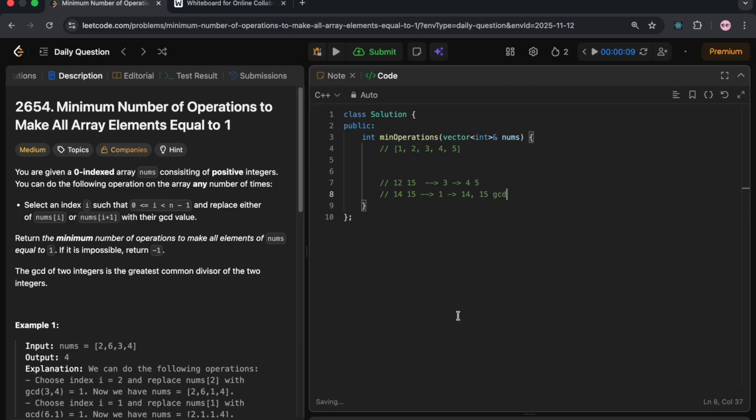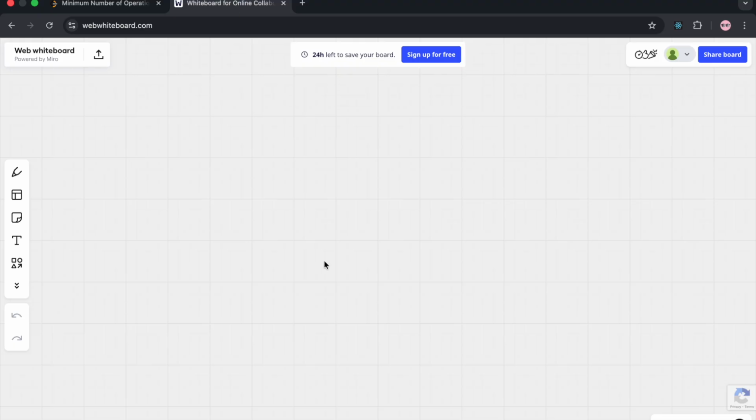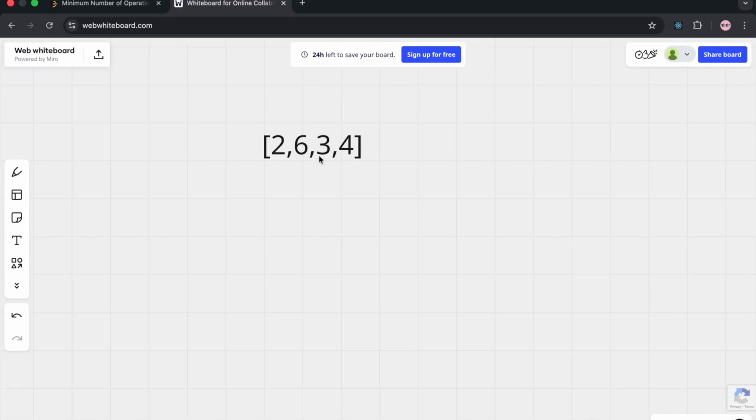Let's move forward with an example. Let's take this example. How will we solve this problem?